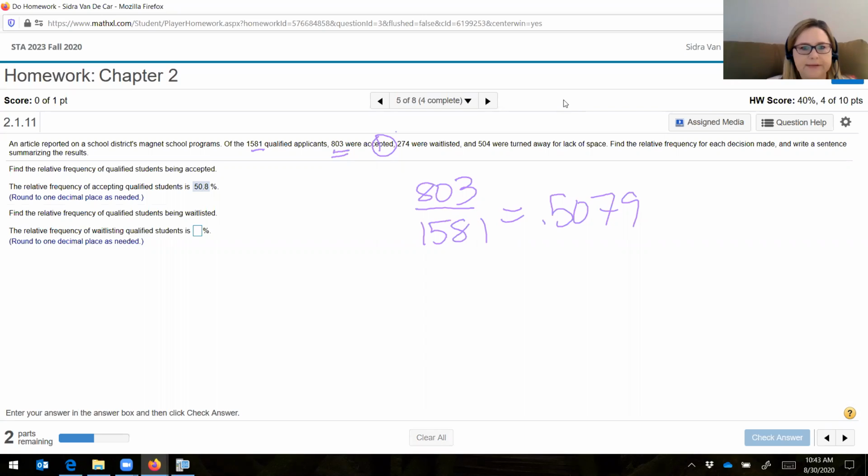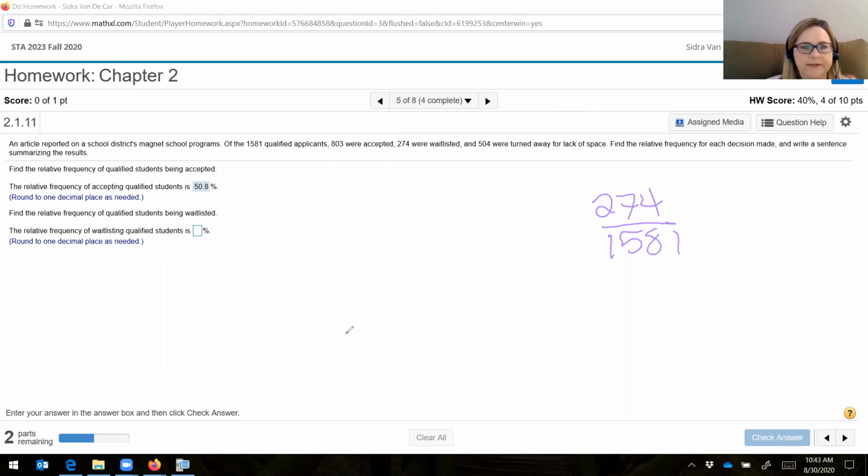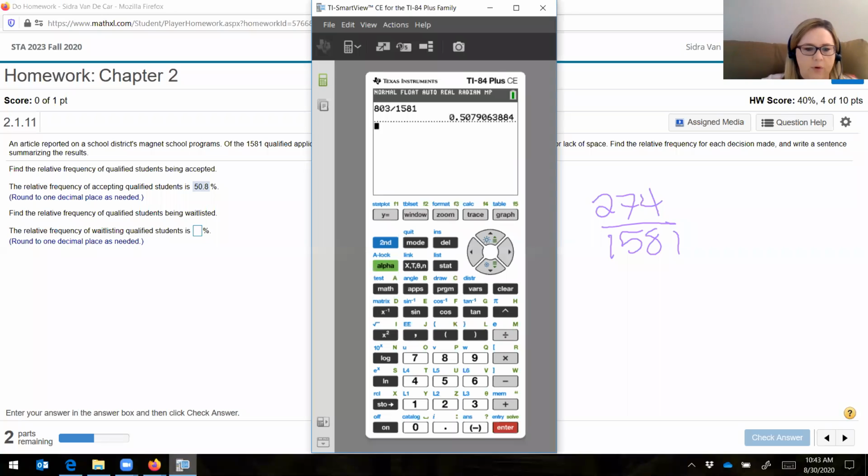Let's clear this. Now, the relative frequency of waitlisting qualified students. Okay, waitlisting right here. So this time we're going to do 274 divided by 1581. All right, so let's bring that out. 274 divided by 1581, and we get 0.1733.